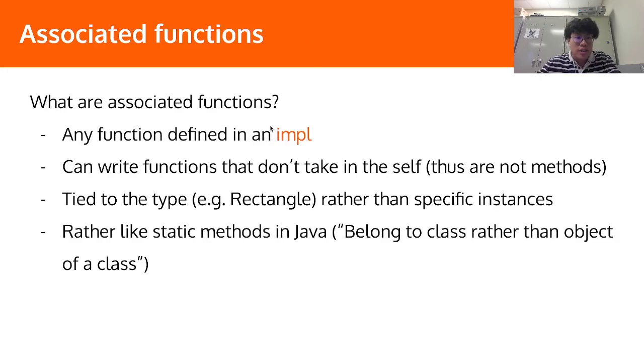So those exist as well. They're also associated functions, but they are no longer methods. Methods have to take in the instance somehow, either through a reference or through taking ownership, right? So when we create these kinds of associated functions that are not methods, they are actually tied to the type. So they'll be tied to the rectangle type rather than specific instances. So it's a bit like static methods in a class in Java.